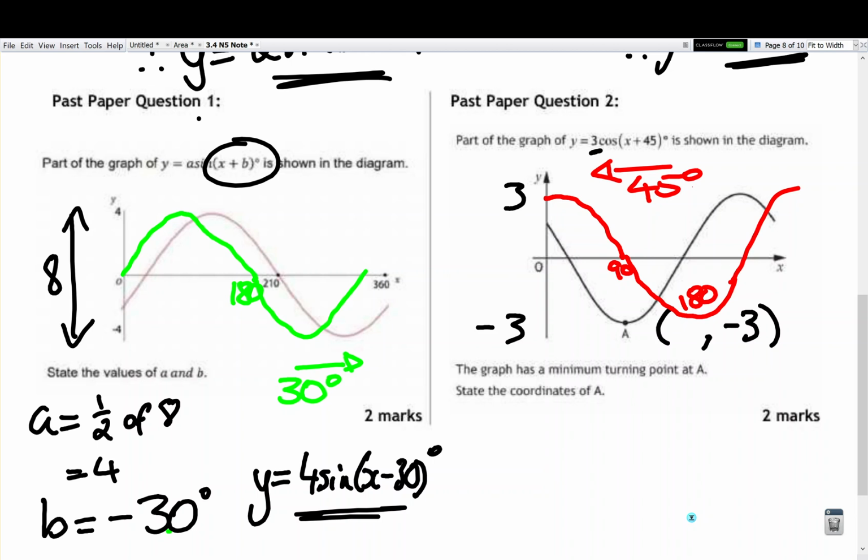So we're not trying to figure out what the equation is this time. All we need to do is take away 45 degrees from 180. We know that it's minus 3 for the y direction. 180, move 45 degrees towards 0, so that's just 135 degrees. You don't actually need the degrees in there. So 135, minus 3 would be the coordinate of that turning point.